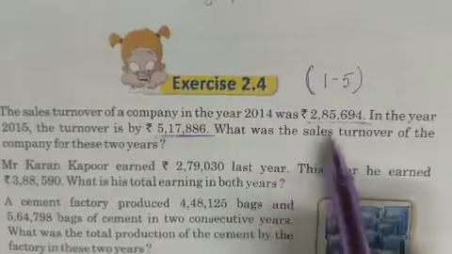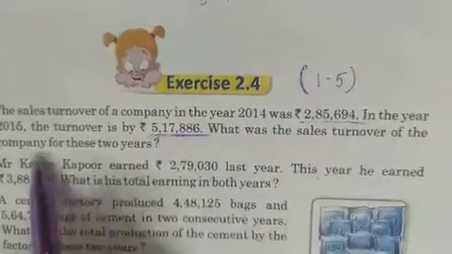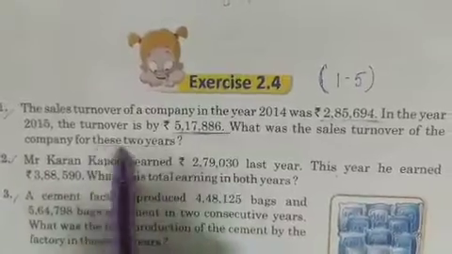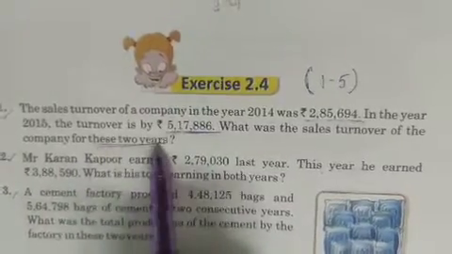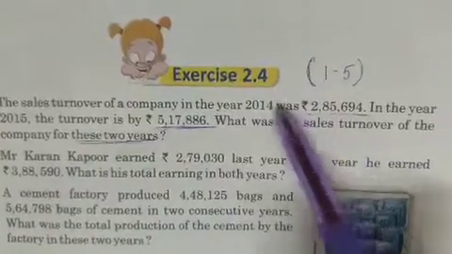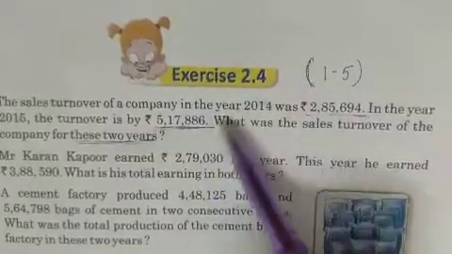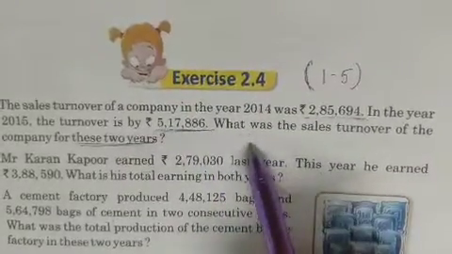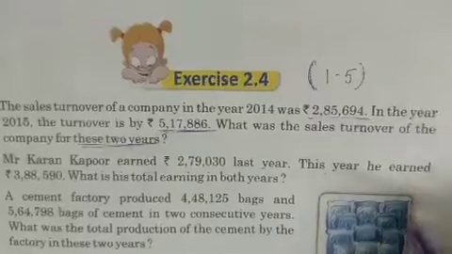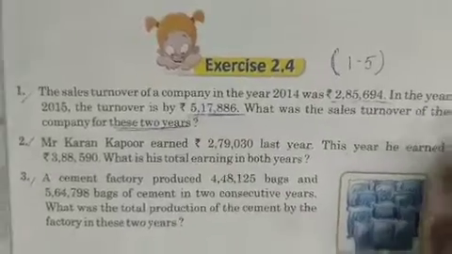What was the sales turnover of the company in these 2 years? We have to find the total sale: the sale of 2014 and the sale of 2015 we will add, and whatever answer we get will be the total sale of these 2 years.